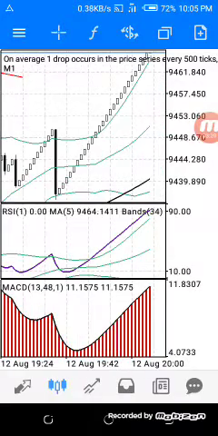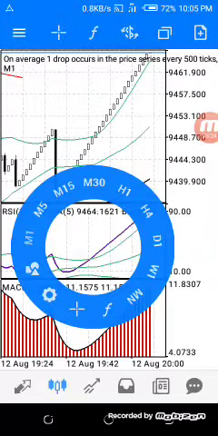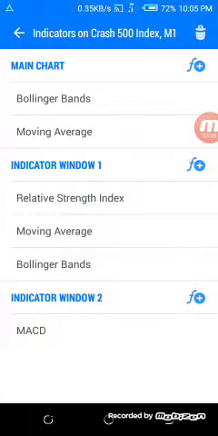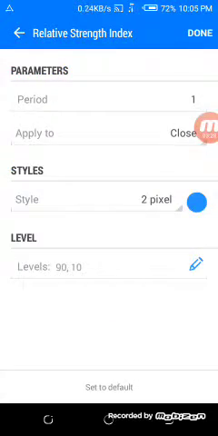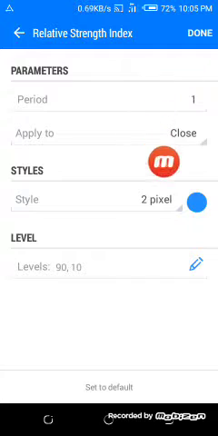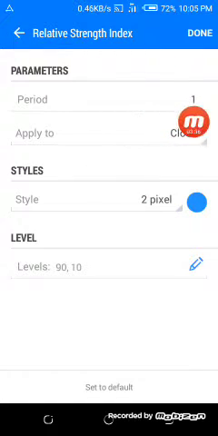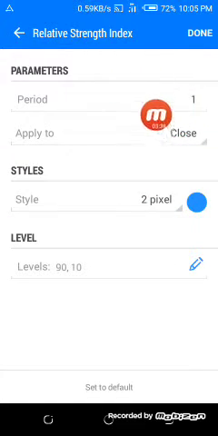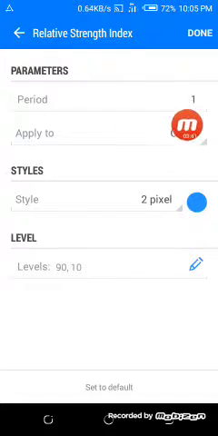Then on indicator window 1, we first put the RSI. You go to your indicators, you click on RSI, and you put period 1, apply to close, then 2 pixel, it doesn't matter, then choose the color of your choice.